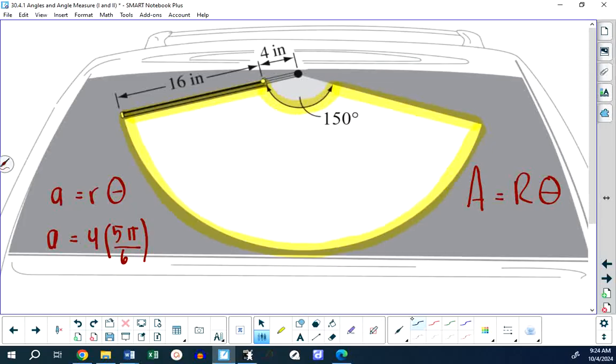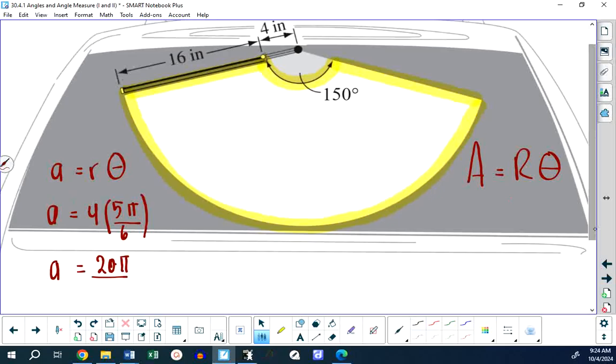Like if you look at my arm here, here's 0, you should almost, when you see 5 pi over 6, see 150. 1, 2, 3, 4, 5 pi over 6. And as the days go on, it will become more and more obvious. This is 20 pi over 6. I'm not going to simplify that. You'll see why in a second.